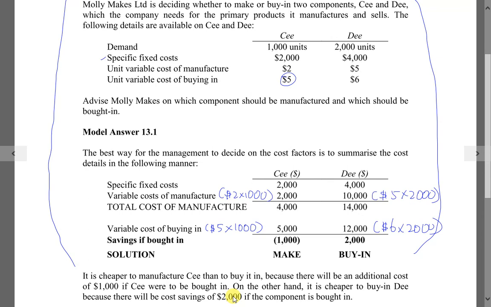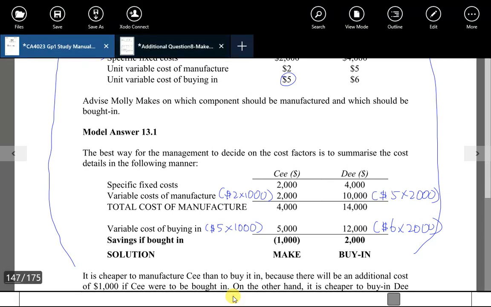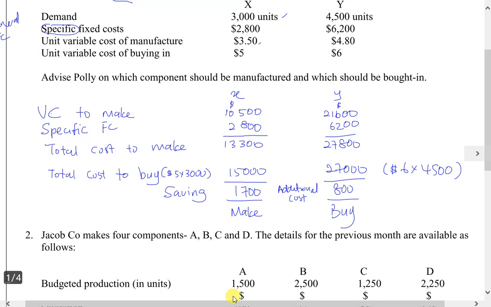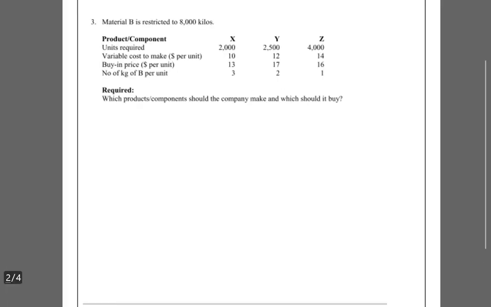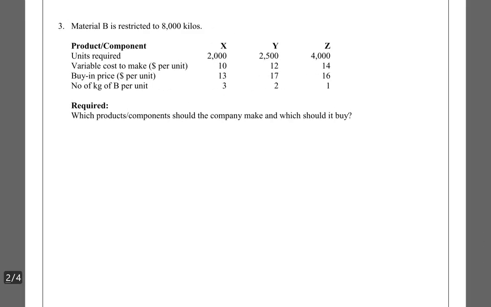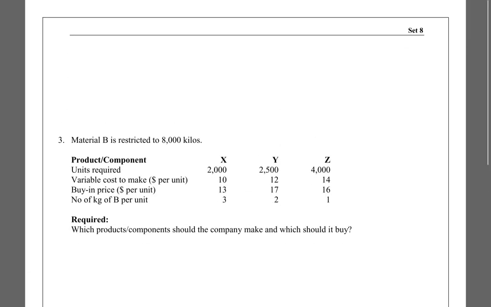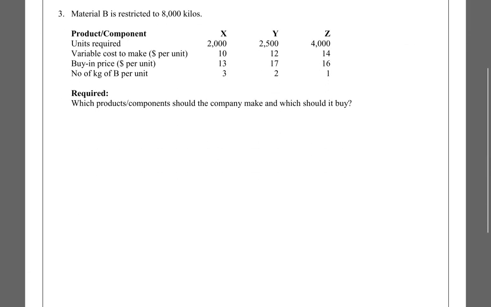Okay. Back to the additional notes, set 8, question 3. Material B is restricted to 8,000.